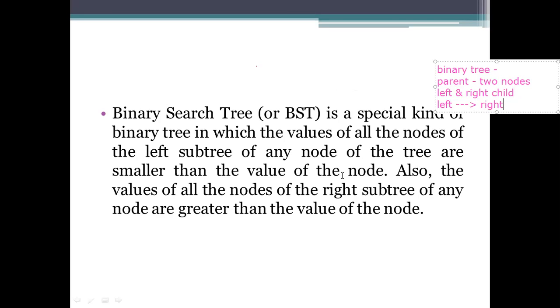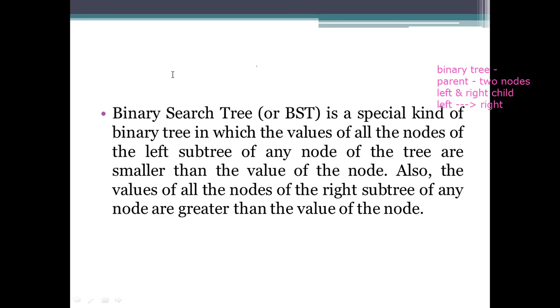Whereas coming to the binary search tree, in short a BST, it will have a root node and also a parent node. The parent node will have two nodes as in the binary tree, specified as a left child and right child.